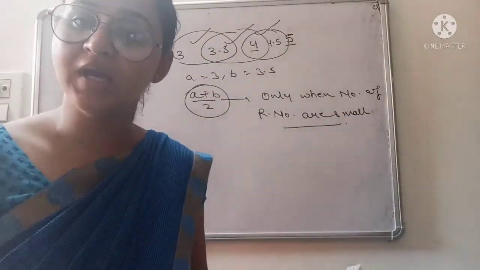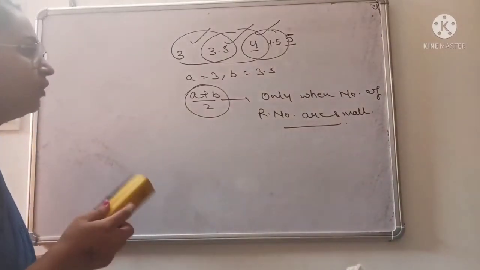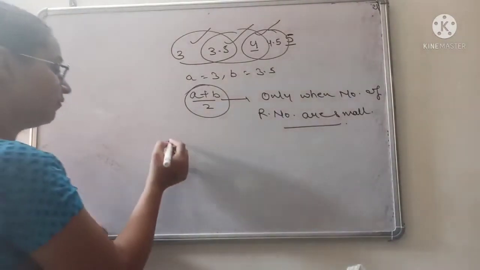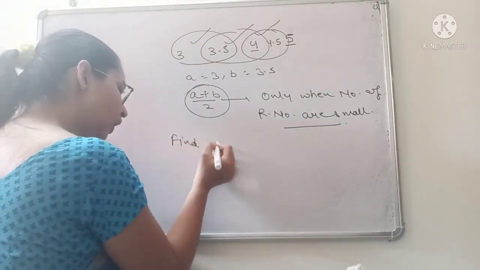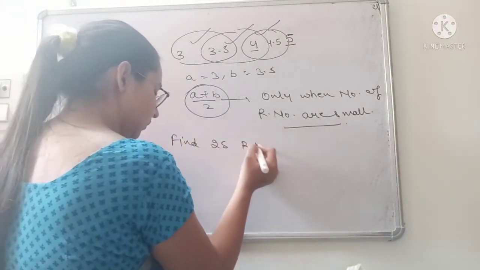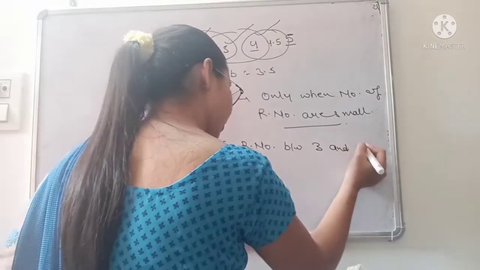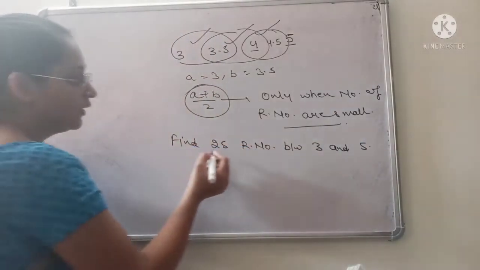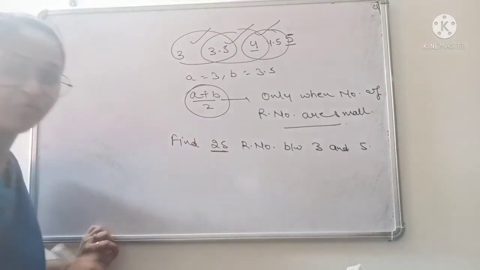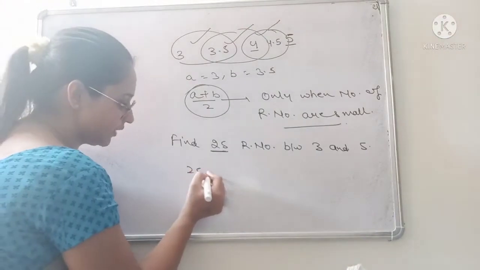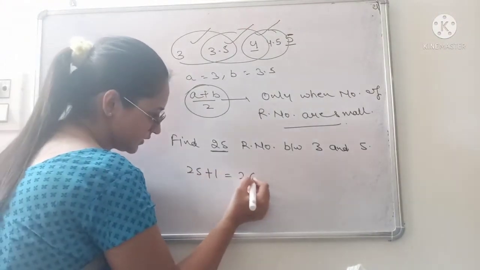But if we have to find many more, then what will we do? There is the next method. Suppose it is given: find 25 rational numbers between 3 and 5. So what will you do? The number of rational numbers that we have to find is 25; add 1 to it, 25 plus 1, it will be 26.